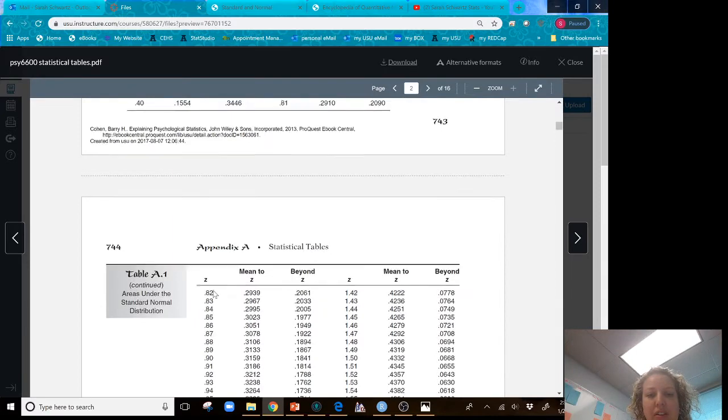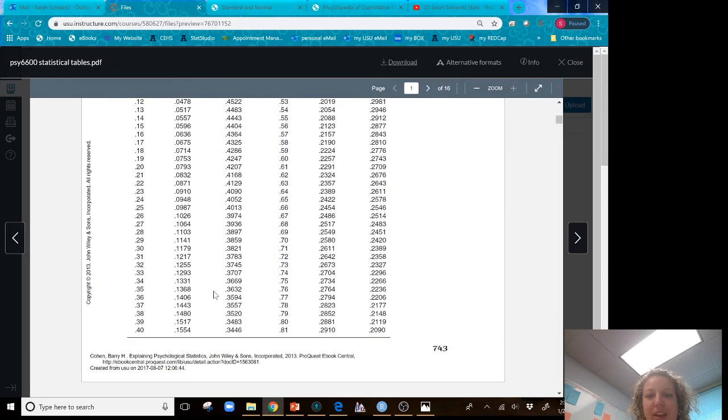So back to the first page we go. Aha, there is a z-score of 0.73, and our beyond area is 0.2327. That middle column says that from the center to z is 0.2673.